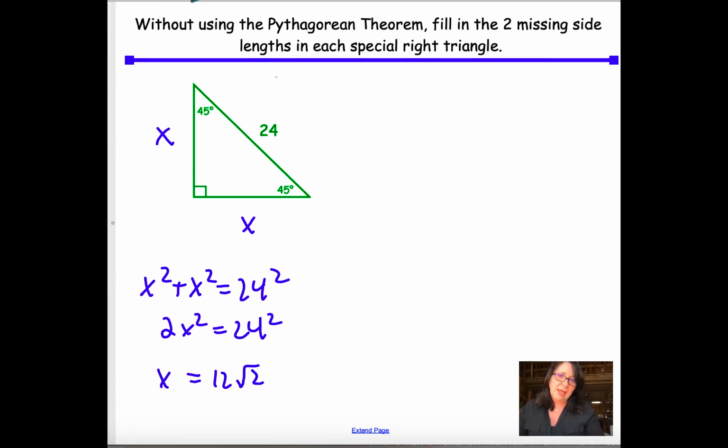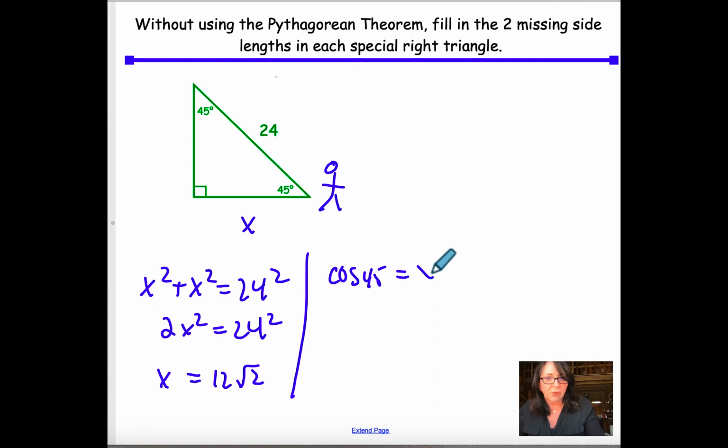Another option is to actually use not the Pythagorean theorem, but trig. To use trig, put yourself at an angle, and this is my adjacent side. I could do cosine of 45 degrees is equal to the adjacent side over the hypotenuse, which is 24. And when I cross multiply, I actually get 16.97.